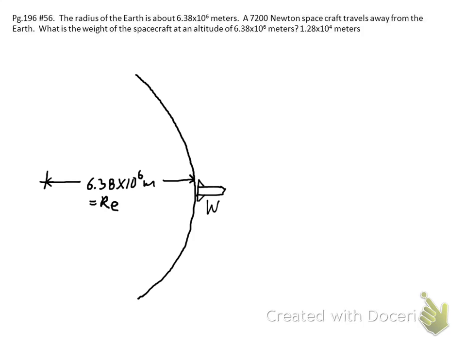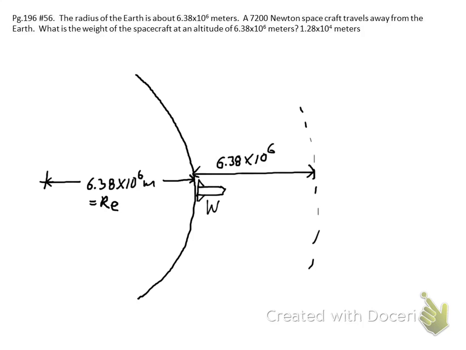Okay, so we know the weight when I'm at one radius is 7,200 newtons. The first altitude that we have is another 6.38 million meters away from the Earth. So what I've done is I've doubled my distance.